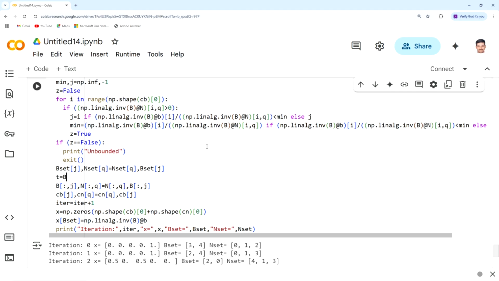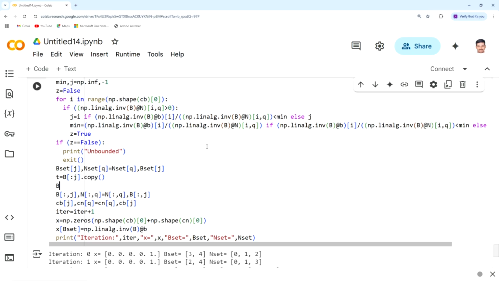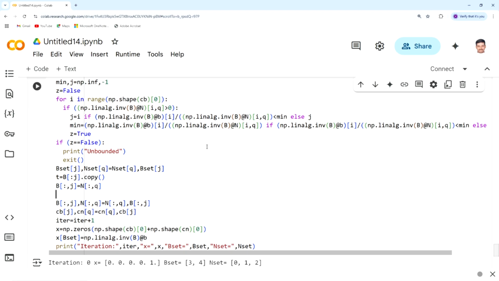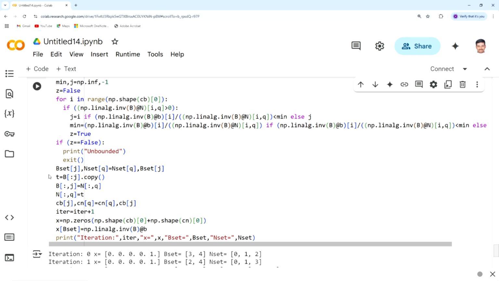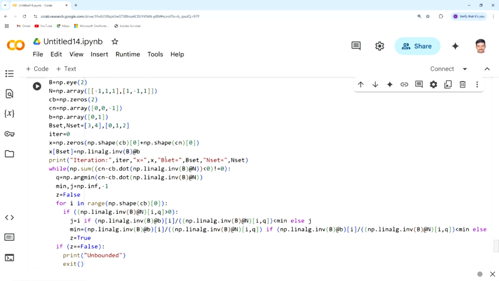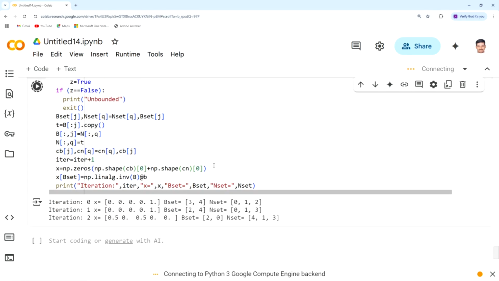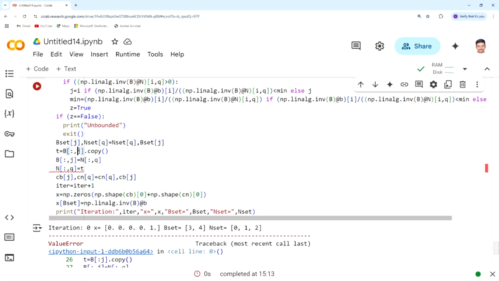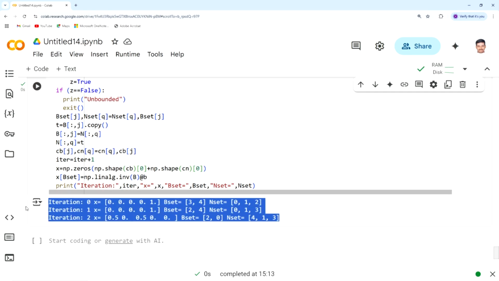So, I first introduce a temporary variable, put it as a copy, and now put the qth column of N into the jth column of B, and the qth column of N will be equated to t. Okay. So, I will remove this line. This is because when you exchange two vectors, a comma b equal to b comma a may not work well in Python. So, of course, with that change you can still run the code again, and will not have any problem. I missed a comma here, I am sorry, otherwise you get the same answer, right.